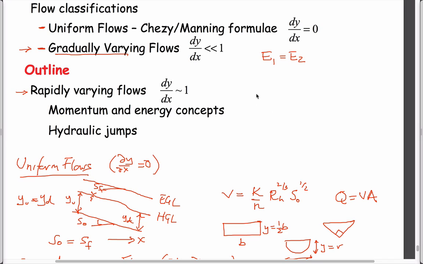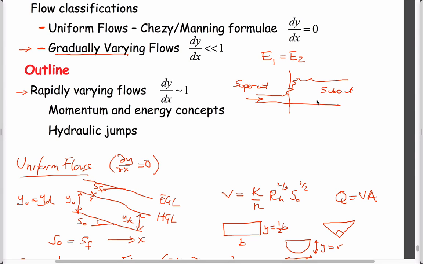And when we talk about rapidly varying flows, of which the type is the hydraulic jump, where you go from what must be a shallow flow here, which must be supercritical, to a subcritical flow.